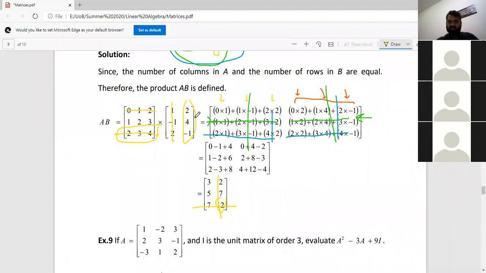So 2 into 2 is 4, then 3 into 4 is 12, and then 4 into minus 1 is minus 4. Now if you add this, 4 minus 4 is gone, so you are left with 12. This is your last step.